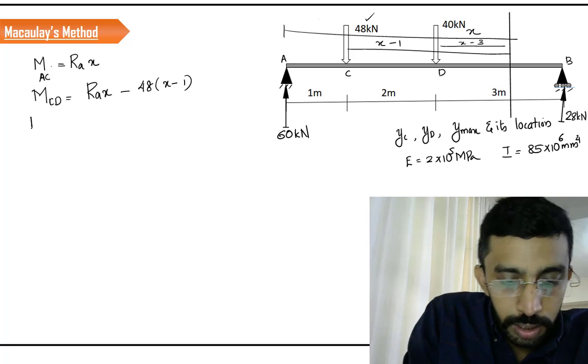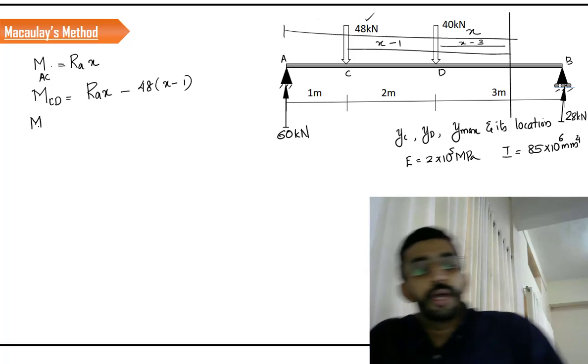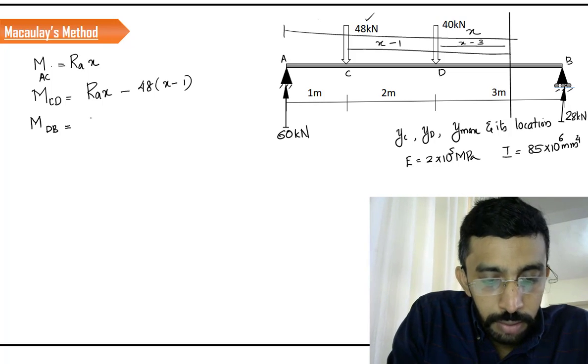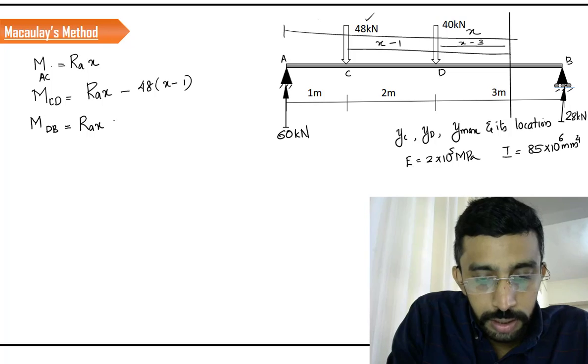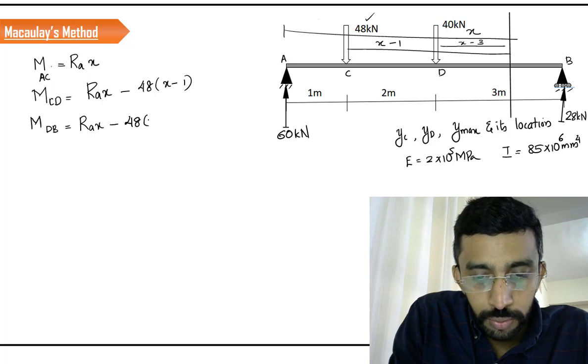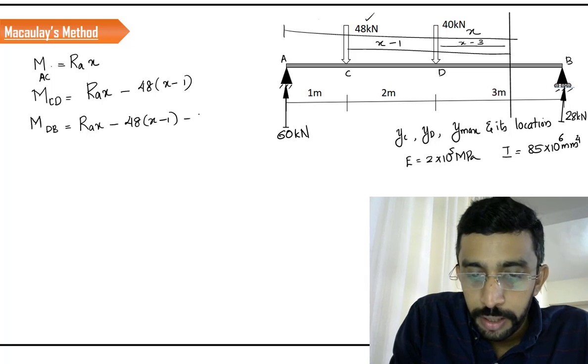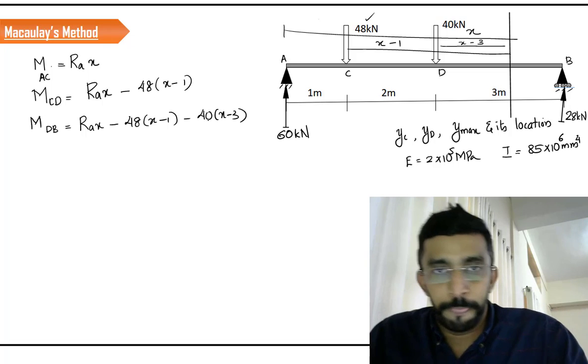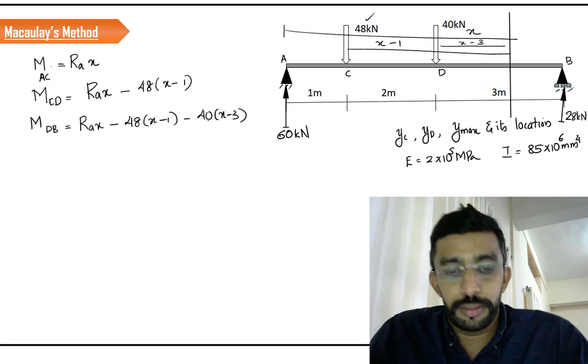If so, the moment in the section DB can be written as RA into X minus 48 into X minus 1 minus 40 into X minus 3. I think the dimensions are clearly noted in the question.